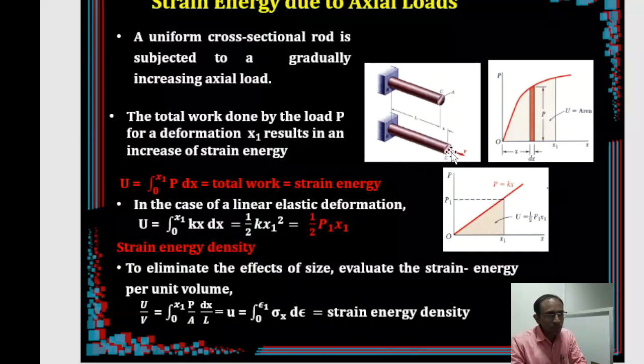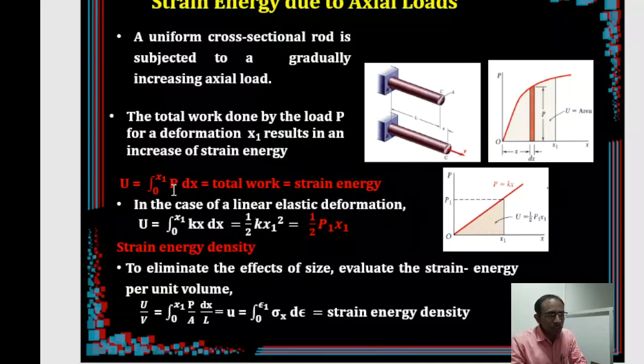As we keep increasing the load magnitude, an increasing amount of strain energy is developed in the body. If you want to compute that, it is simply the load times the deformation, right. At a particular instant, the deformation is 0. Later on it becomes x1, right. So the integral from 0 to x1 of P dx will give you your strain energy.